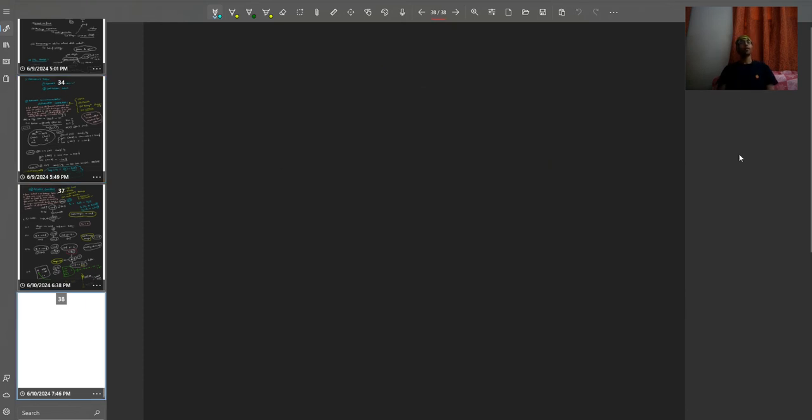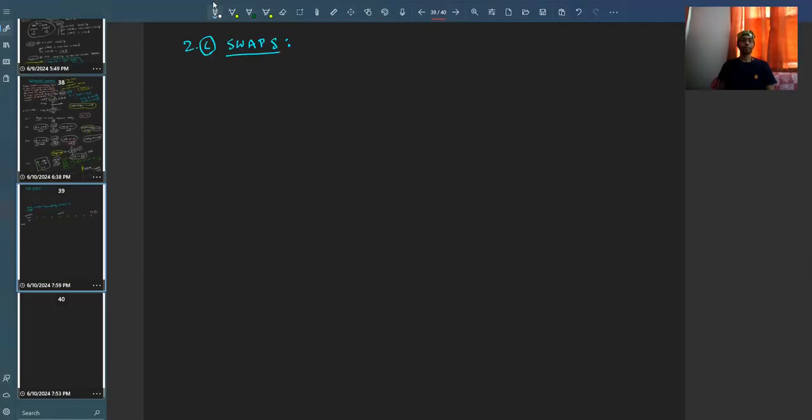Now we will try to understand the third type of forward commitment, which is a swap. Let's say you are an entity, you have taken a loan for 2 years, that is, 2 years is the maturity period of the loan, and the payments are quarterly. So you have taken the loan at t equal to 0 and there are quarterly payments.